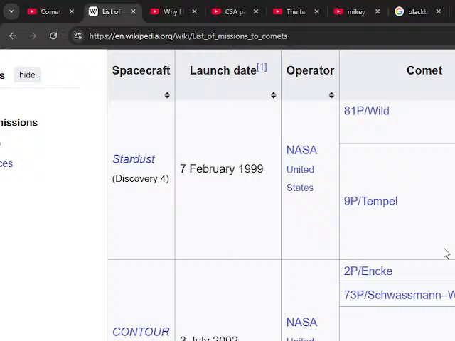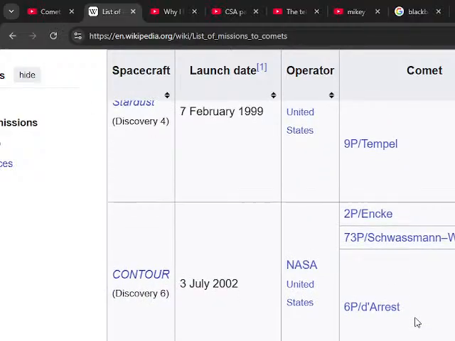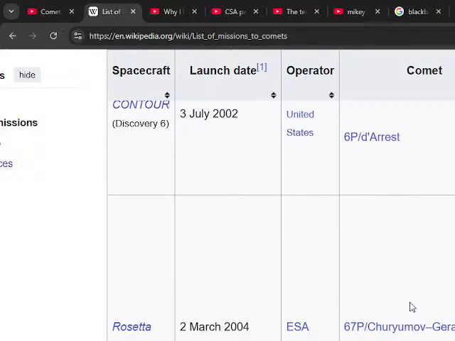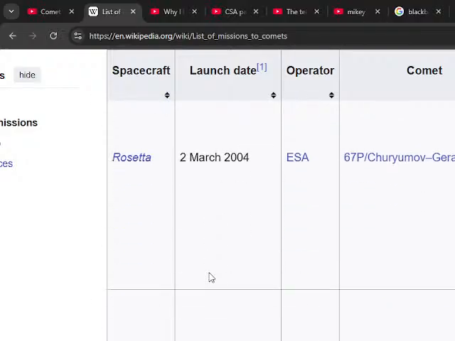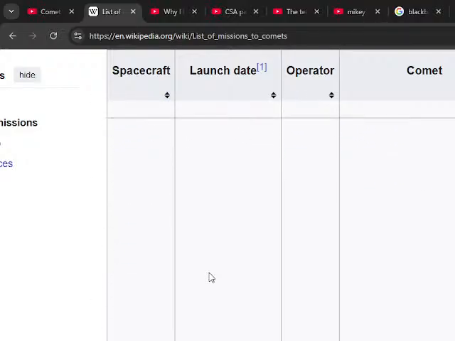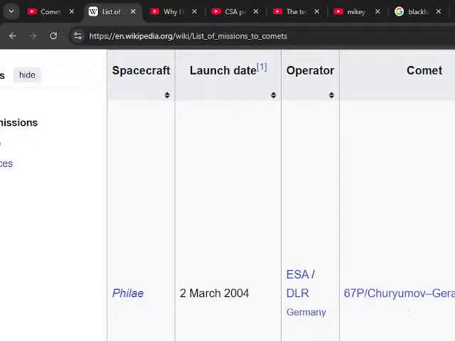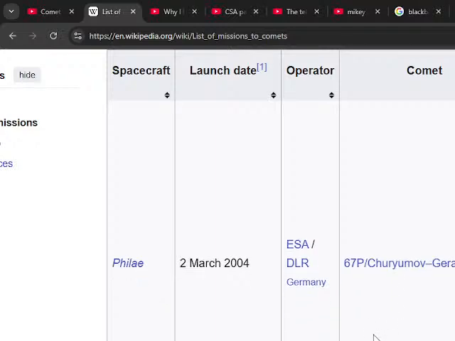Then you have Contour, which was launched by NASA, and it went to 2P Encke, and 73P, and 6P. And then you have Rosetta, which went to 67P, and that was in 2004. And Philae, which actually crashed into 67P. It was part of the Rosetta mission.